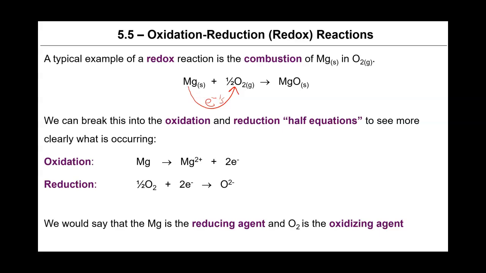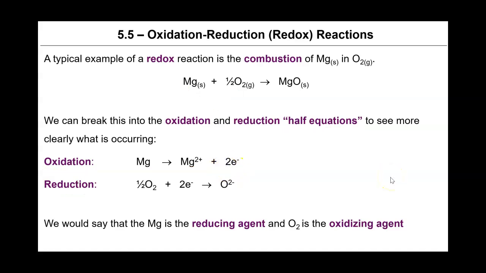Often when we're trying to figure out what's going on in a redox reaction, we break the reaction apart into two half equations. One illustrates the oxidation, or the loss of electrons, and the other illustrates the gain of electrons, or the reduction. In this case, magnesium forms the magnesium 2+ ion by losing 2 electrons.